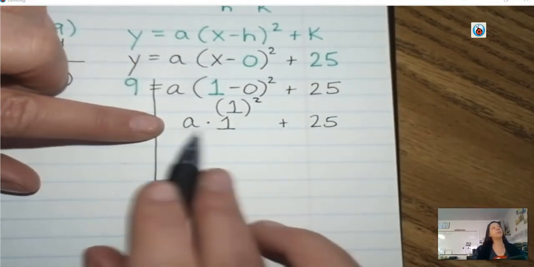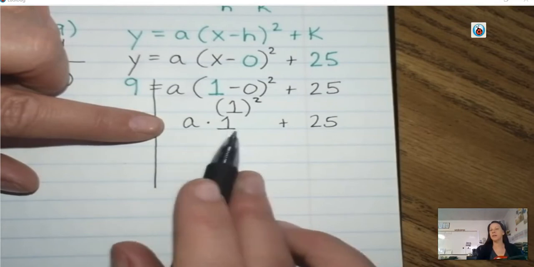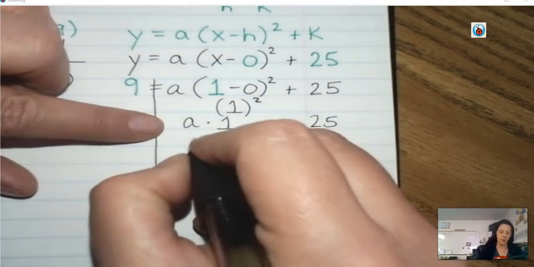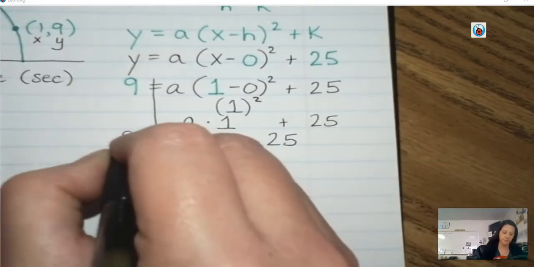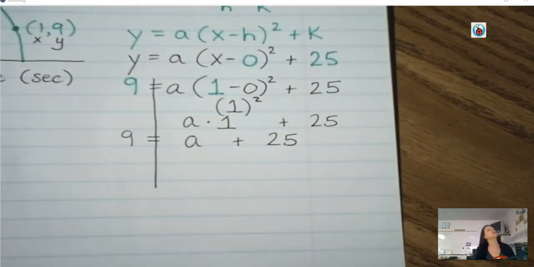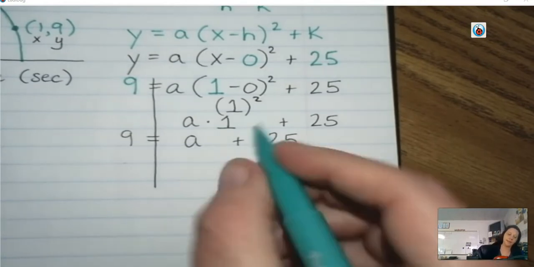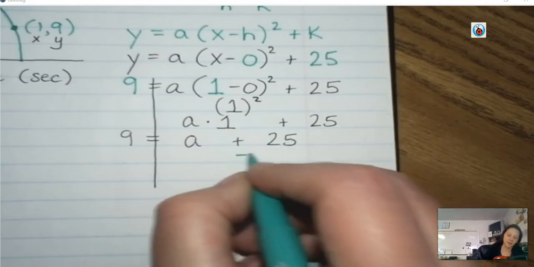A times 1, anything times 1 is itself. So I can actually just get rid of that 1. So it really says a plus 25. And then our last step, to get a by itself, we need to get rid of positive 25, so subtract 25.